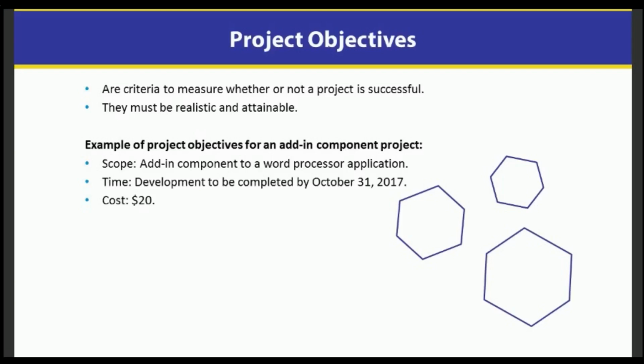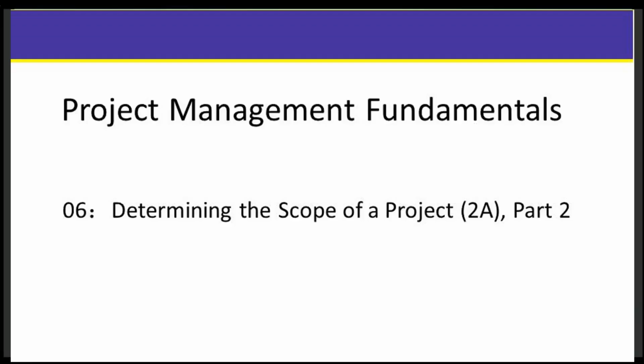But the goal is that the objectives, if they're all completed, then the project is completed. When we're looking at objectives, we need to make sure that we break out our project into objectives that are all inclusive, so that if all of those get done, then the whole project is done. No more, no less.